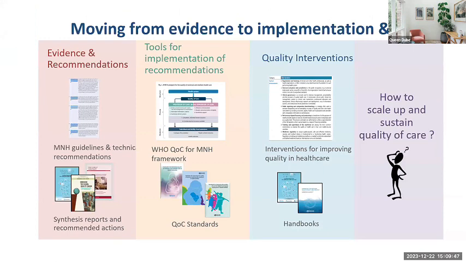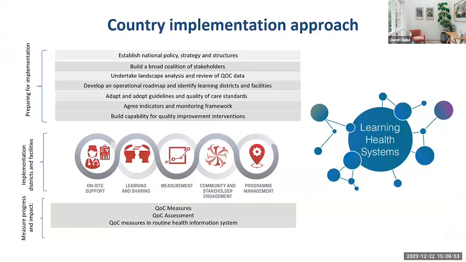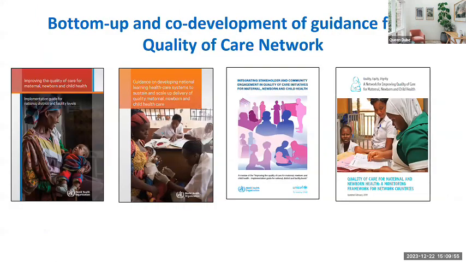And Nuhu did talk quite a lot on moving from evidence to implementation and impact. And it's very, very important that this quality of care agenda should be driven from the ground.